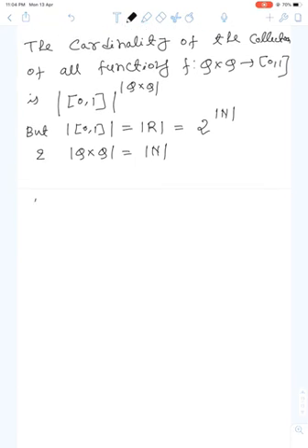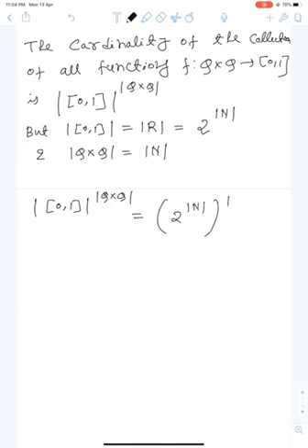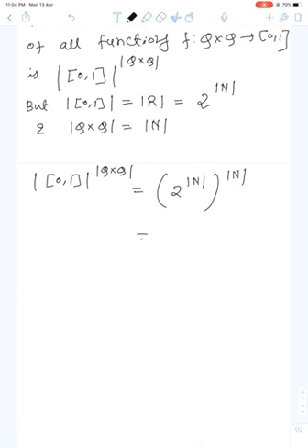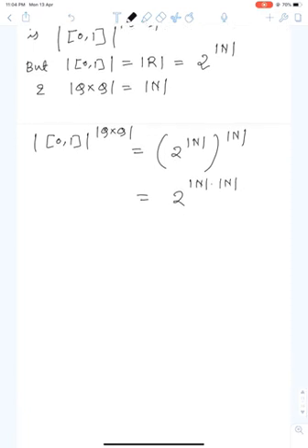Therefore, the cardinality of this set is the same as 2 to the power n, and then again to the power n. So it is 2 to the power of cardinality of n times cardinality of n, which is again the cardinality of n.